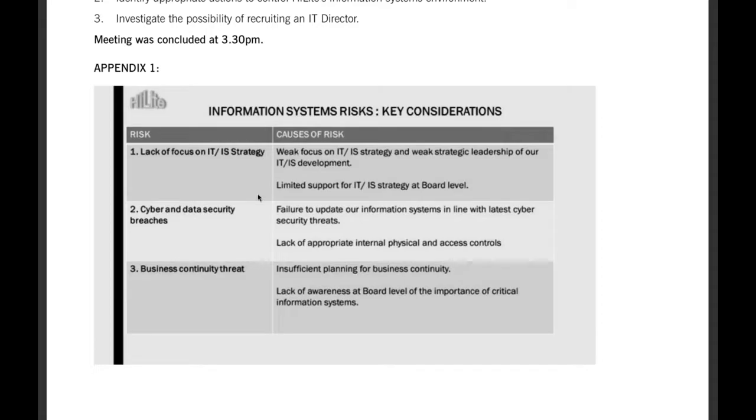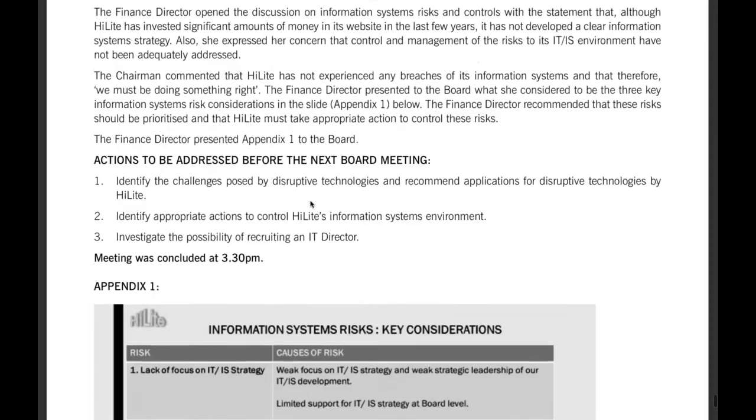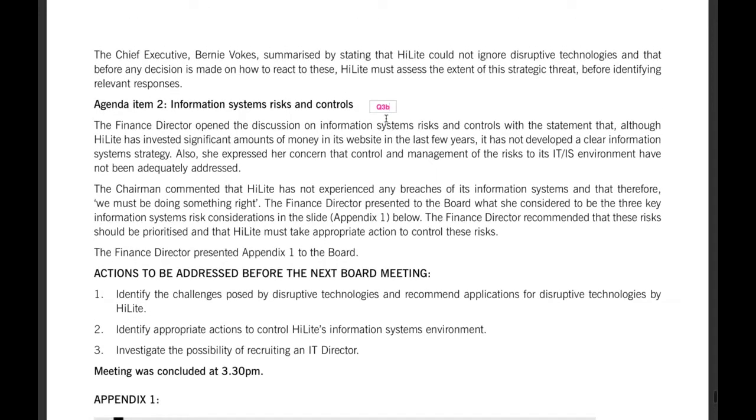And then you're supposed to be recommending actions for each of these risks, which Highlight should take in order to control this risk. What would be the possible outcome for all 3? And then what would be the recommendations that you are suggesting Highlight should take in order to control this particular risk. So basically this is related more to question number 3B.